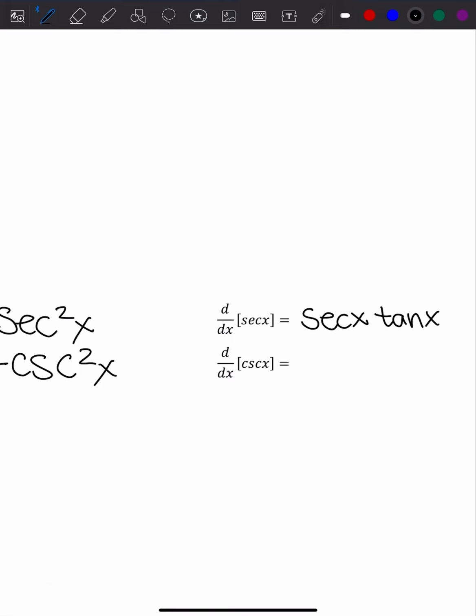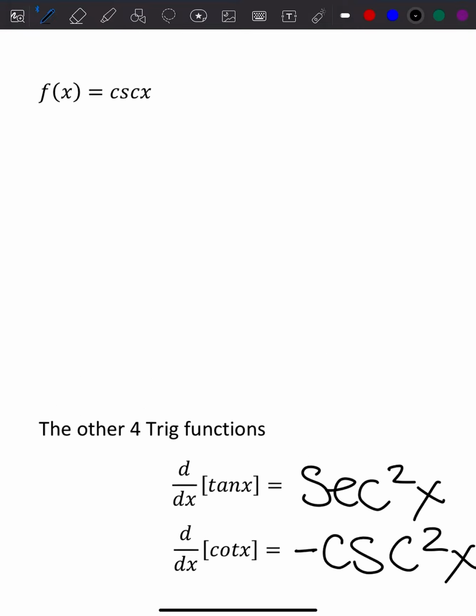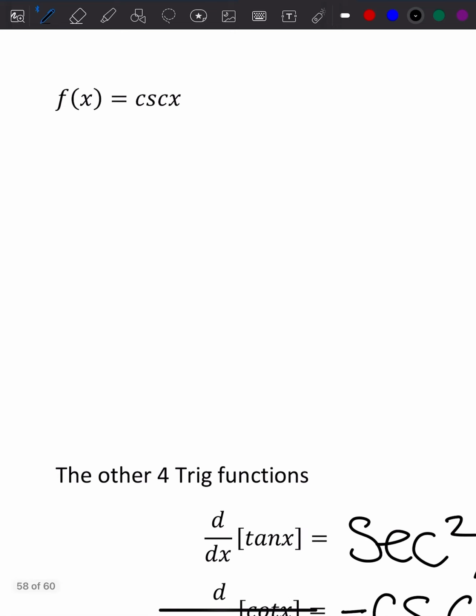Okay, knowing that there's going to be a pattern, take a second, think about what you would decide that cosecant might be based off of how secant is and how our pattern has happened with our other derivatives for trig. Okay, we have cosecant.